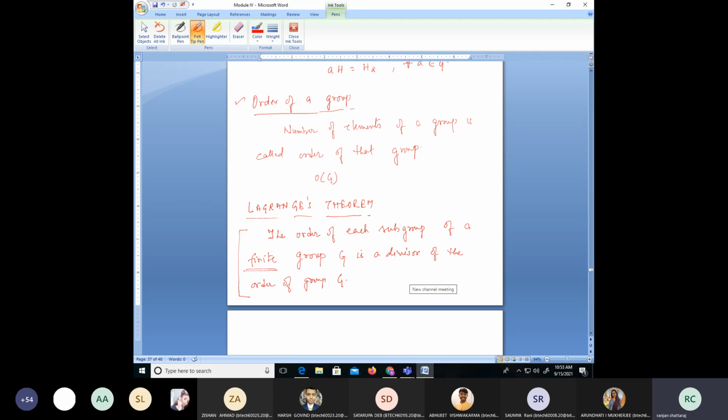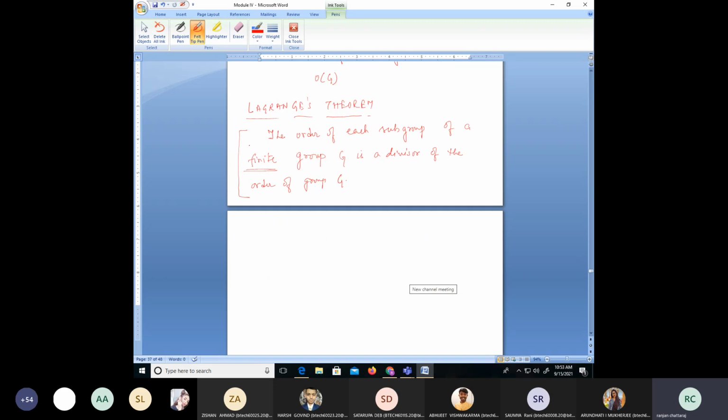Otherwise it is not a subgroup. But one more very important thing: the converse is not true. Note: the converse of Lagrange's theorem is not true.